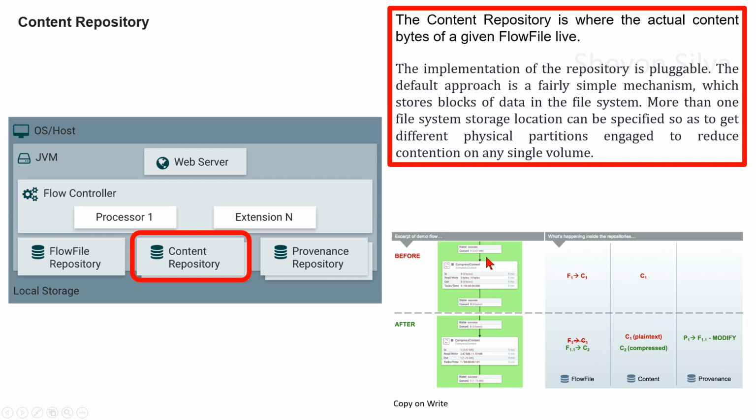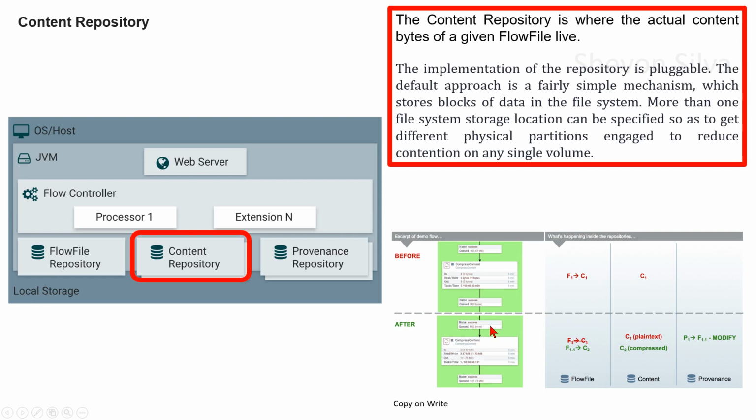Here you can see before: success is connected to compress content, and it interacts with success, and F1 is pointing to C1 in the flow file repository, and in content you can see C1.